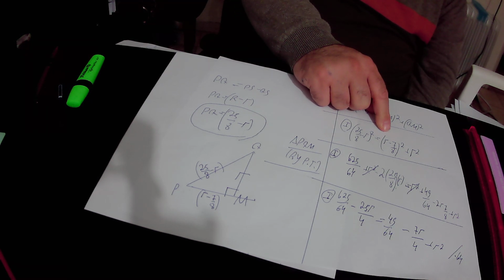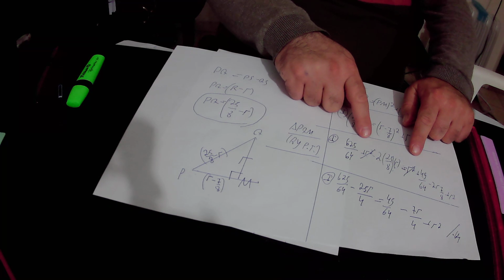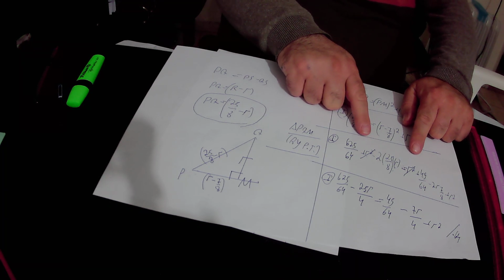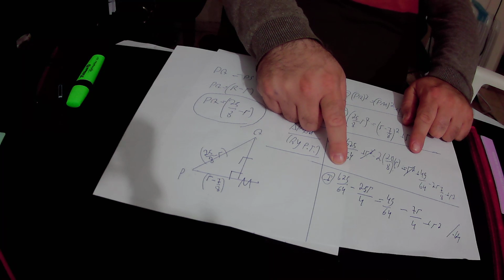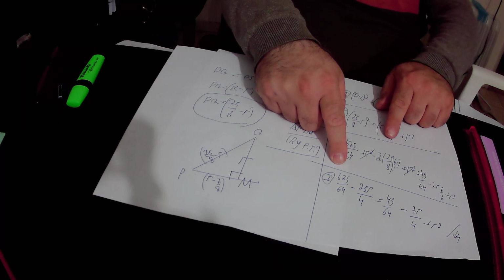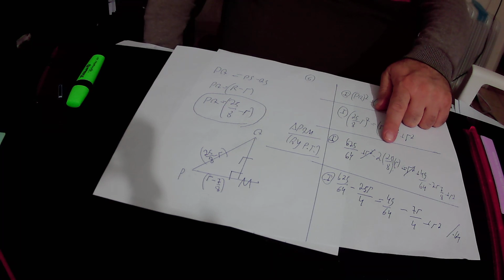On this expression also, R minus 7 over 8 square equals R square plus 49 over 64 minus 2 times R times 7 over 8. We have R square on both sides of the equation, so R square will get cancelled. And we are left only with 625 over 64. Here we divided both the numerator and the denominator of this expression by 2. 2 over 2 is 1.